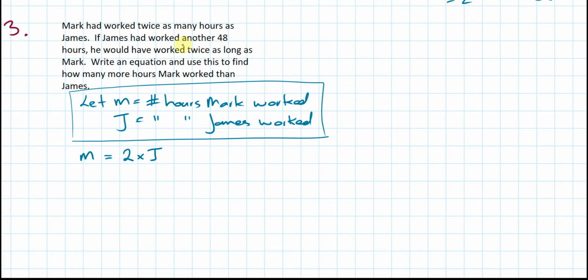And then what have we got? If James had worked another 48 hours, so now we're thinking about James. So the number of hours that James worked is j plus 48. He would have worked twice as long as Mark. So j plus 48 is equal to 2 times m.